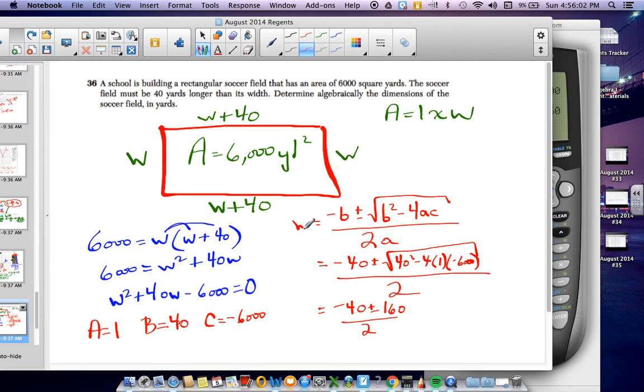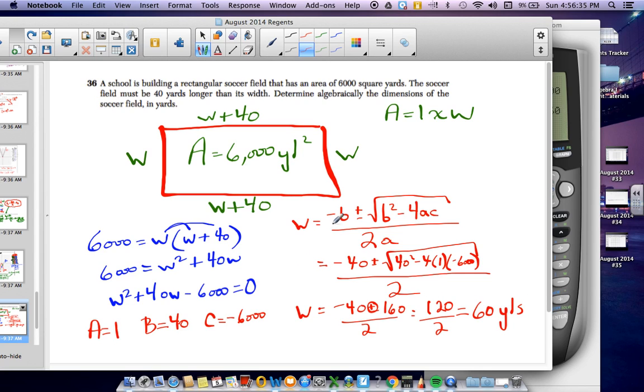W is our variable here, not X. We would have a negative if we did that calculation, so we're only going to consider the positive route, which would give us the only positive answer here. So the negative answer is a reject. You could write it down, it doesn't hurt, and just cross it off, but we're only going to consider the positive. Negative 40 plus 160 is 120, so equals 120 over 2, which is of course 60. And our unit here is yards.